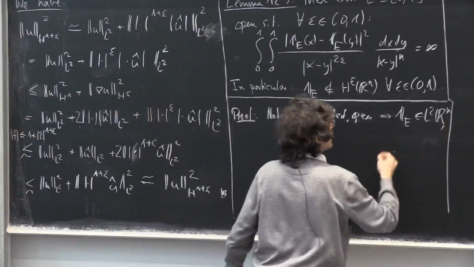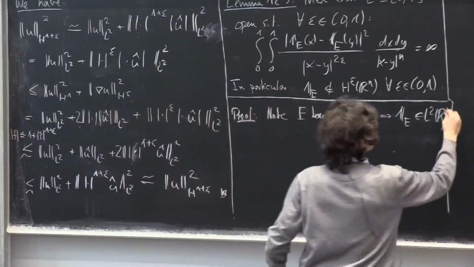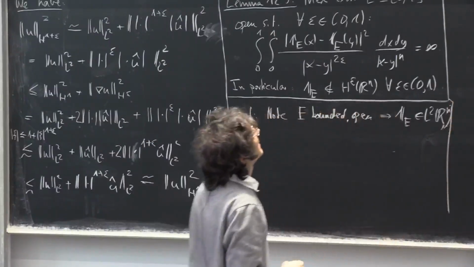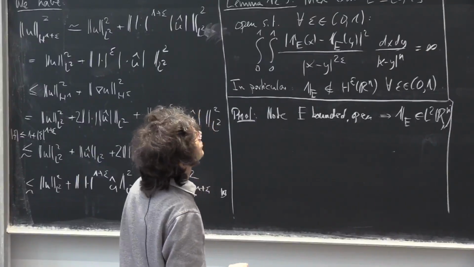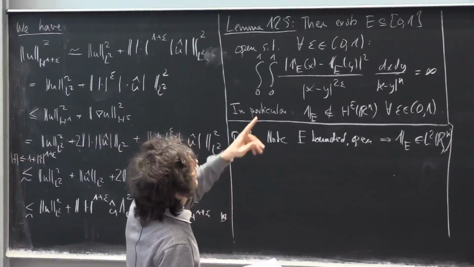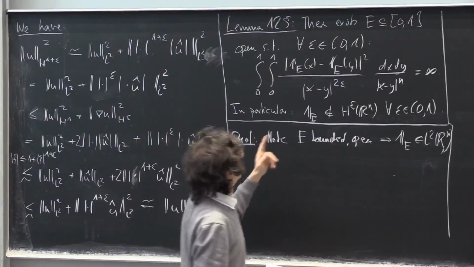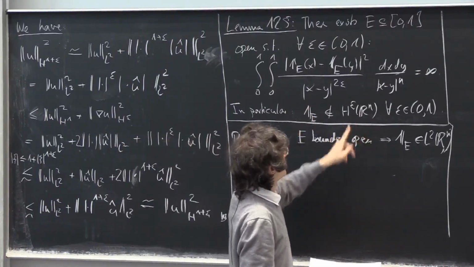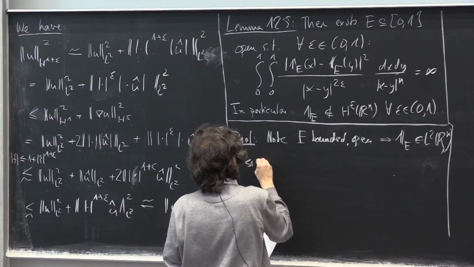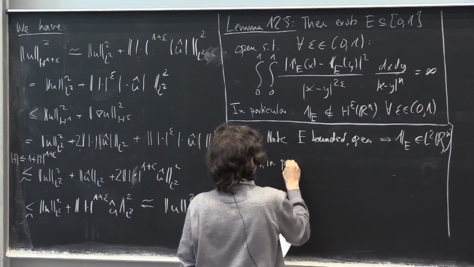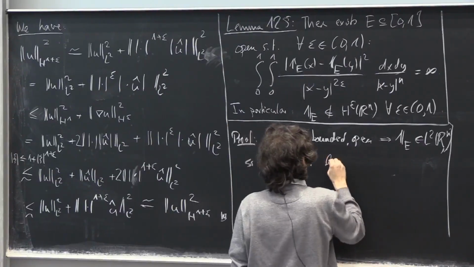So we know that this is an L2 function. And then if you look back at 4.13, this tells you that an L2 function is in H alpha if and only if the Sobolev-Slobodetsky semi-norm is finite. It's not finite, so this function is not in H epsilon. So the in particular part follows from 4.13.